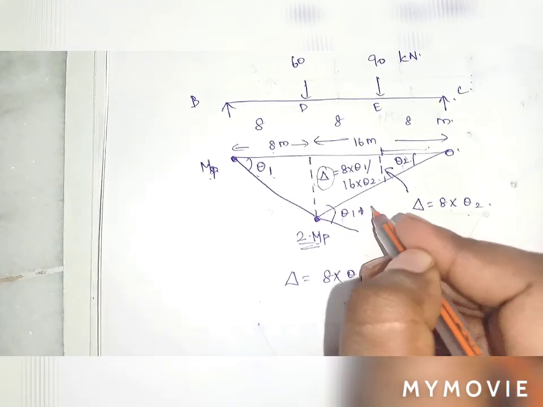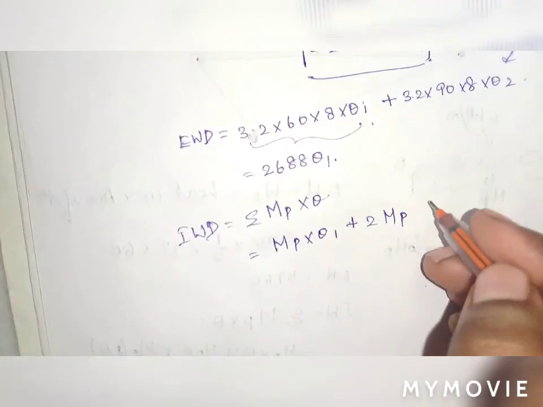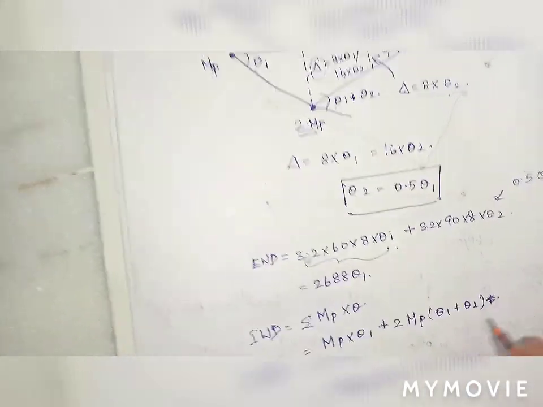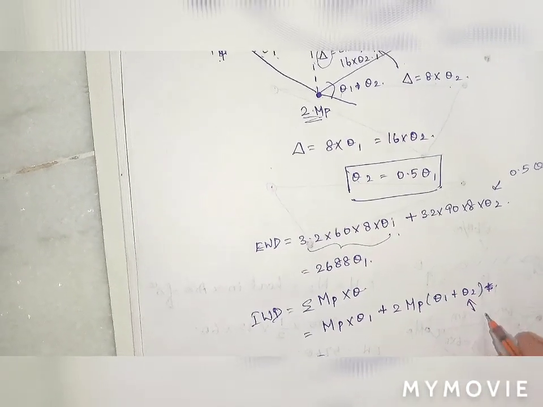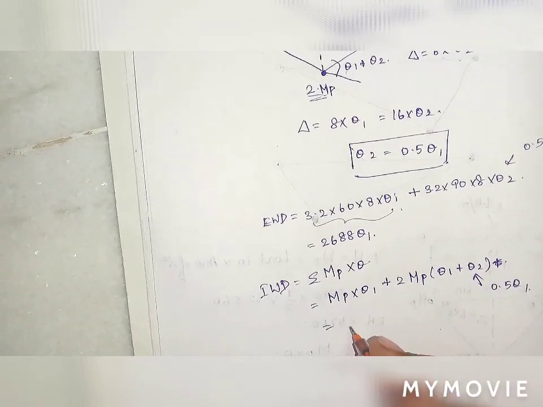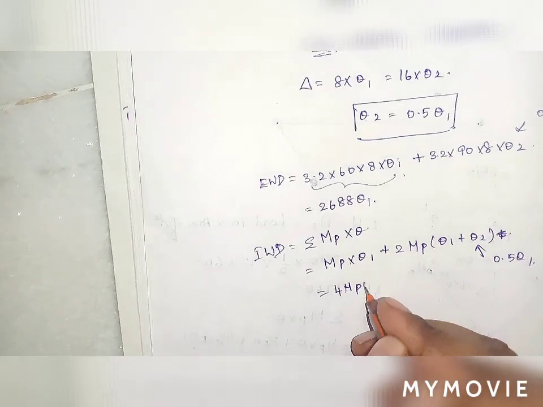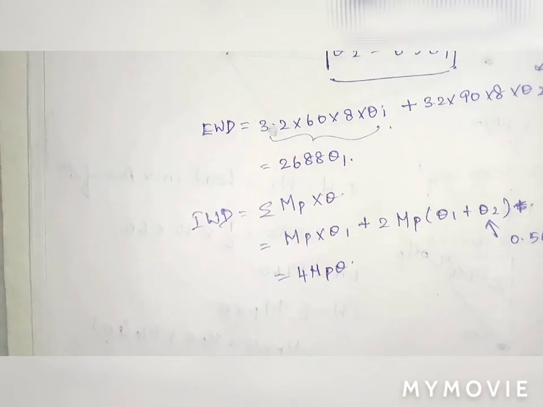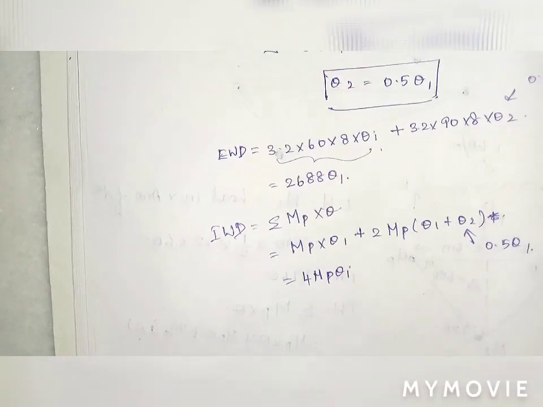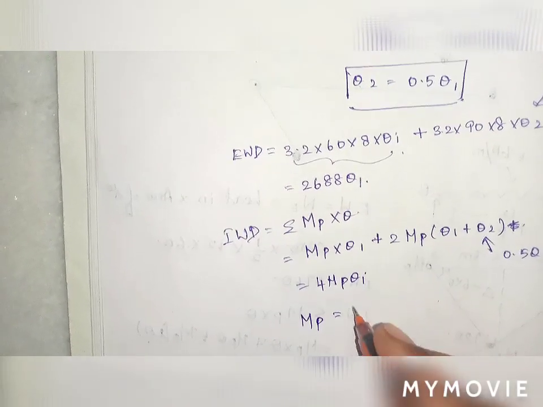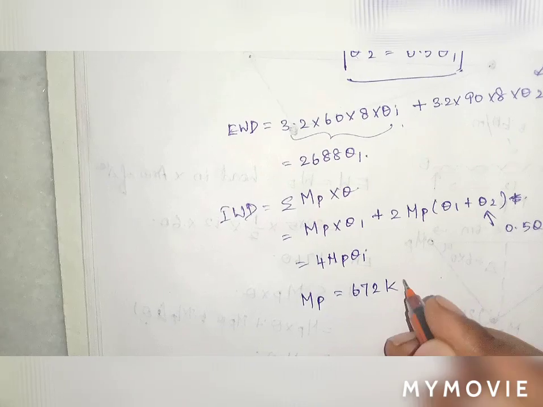Theta 1 plus theta 2. 2 MP into theta 1 plus theta 2, and that's all. There are 2 plastic hinges only. Okay. So substitute the value of theta 2 is equal to 0.5 theta 1. If you substitute, you will be getting the value as 4 MP into theta 1. Okay. So equating external work done with internal work done, we are getting MP value as 672 kilonewton meter.